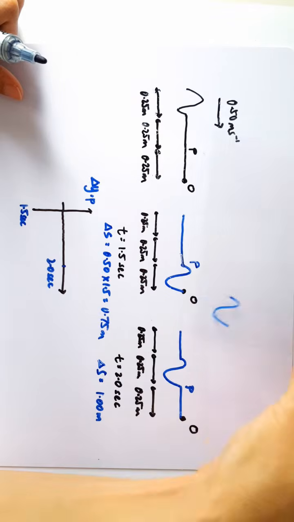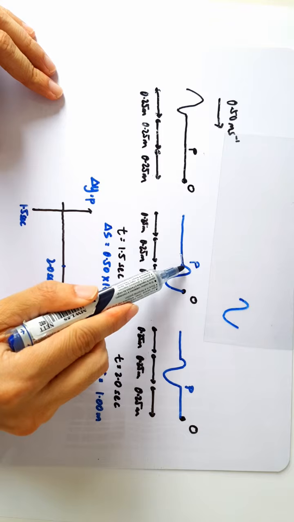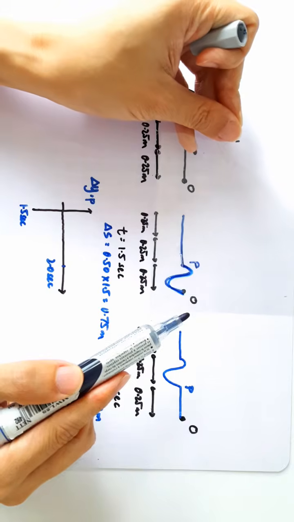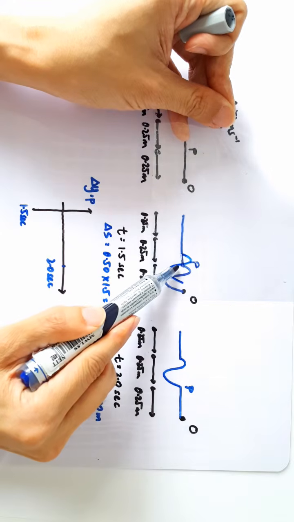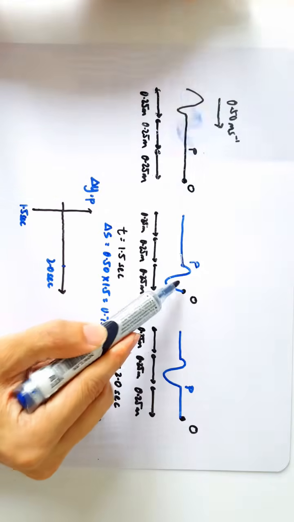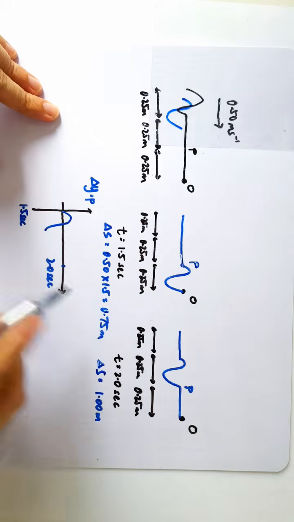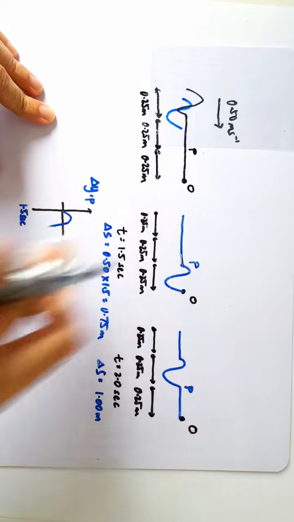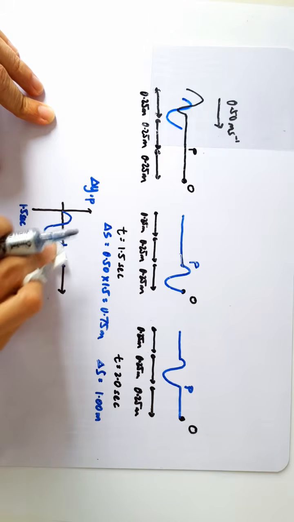So you can see that the displacement at point P is going to be 0, and then some positive displacement as the wave progresses this way, right? The displacement at point P will be positive, then back to 0, then becoming negative, then back to 0, and then 0 from that point onwards. So basically, I'll just draw it this way, and this is where the 2 seconds is.